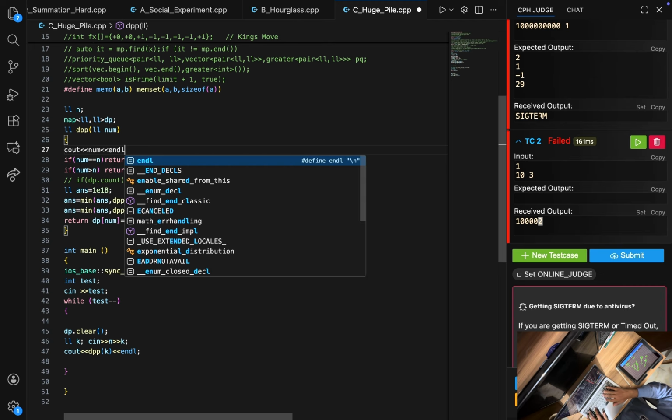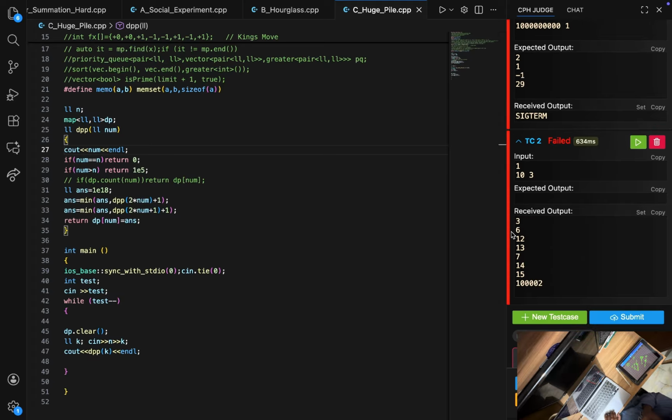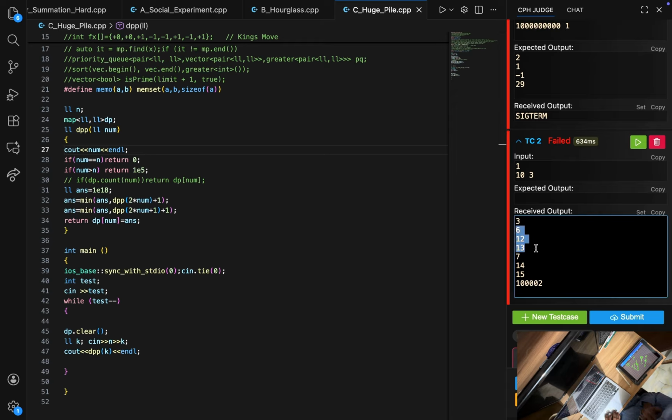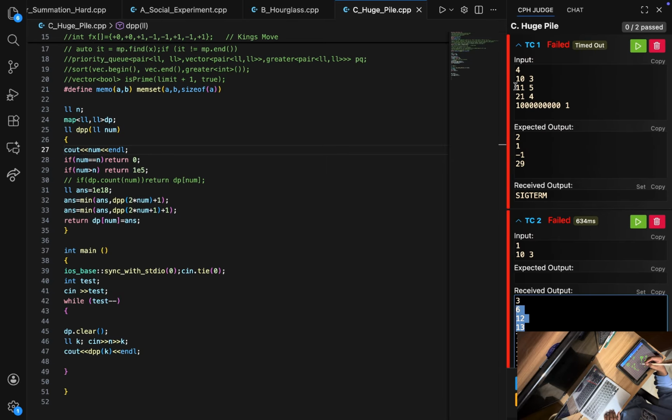Let me see the output for num. 3, 6, 12. From 3. Okay. Yeah, it doesn't go there. From 10, it divides into 2, 5, 5. From 5, it can divide into 3 too.